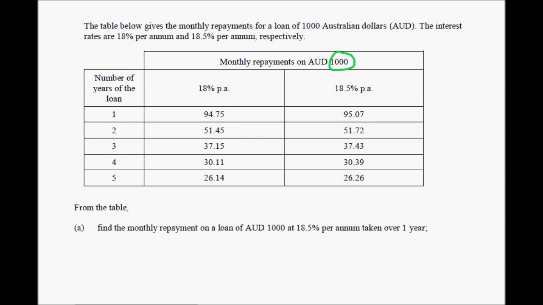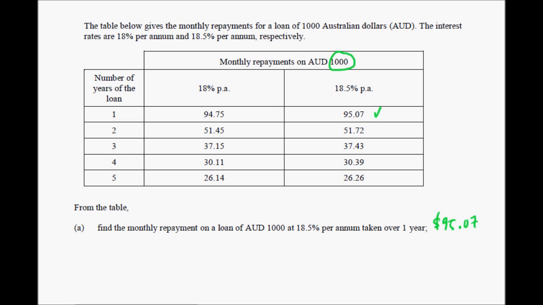Part A says find the monthly payment on a loan of 1,000 Australian dollars at 18.5% over 1 year. Well, that just shows if you know how to read this or not. So 18.5% over 1 year is going to be 95.07. That's not difficult, but sometimes kids have trouble reading these.